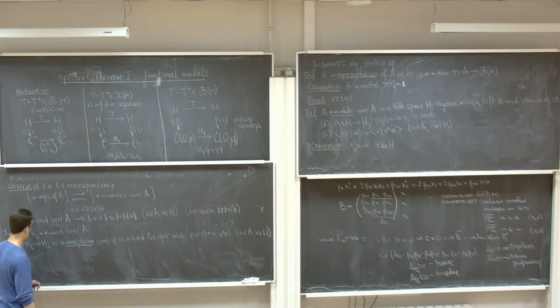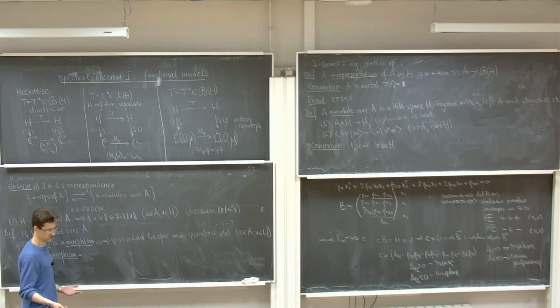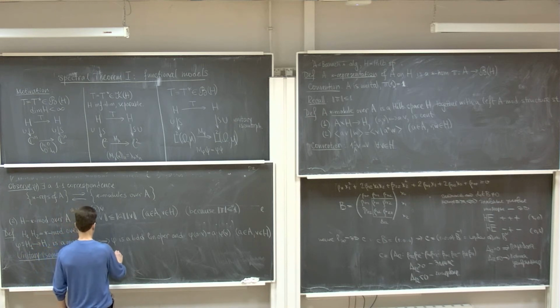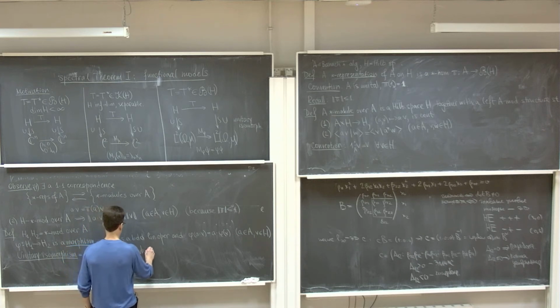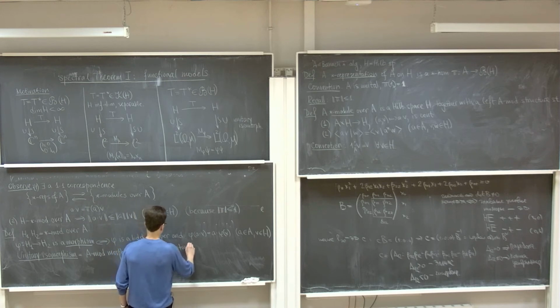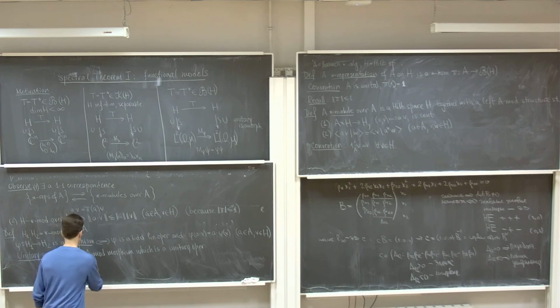In particular, we say that phi is a unitary isomorphism. A unitary isomorphism is an A-module morphism which is a unitary operator. Unitary means bijective and preserves the inner product.